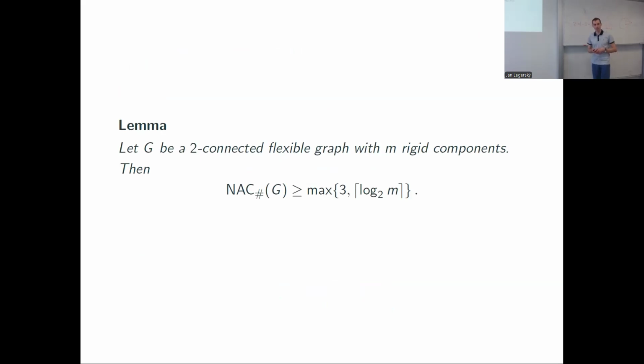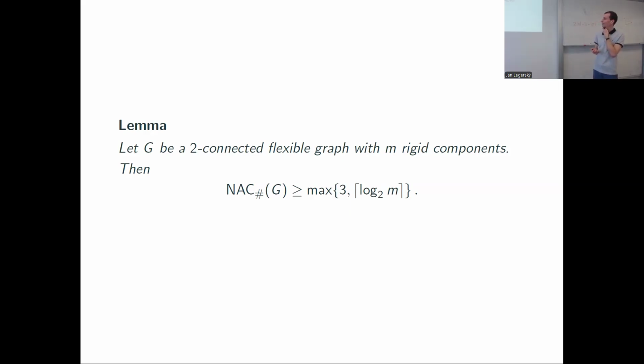If I have a 2 connected flexible graph, I can count these rigid components, these maximal rigid subgraphs that would stay rigid. If I have a flexibilization, they move with respect to each other. And now for every flexible 2 connected graph, the number of NAC-colorings is bounded from below by 3 to the logarithm of the number of these rigid components.